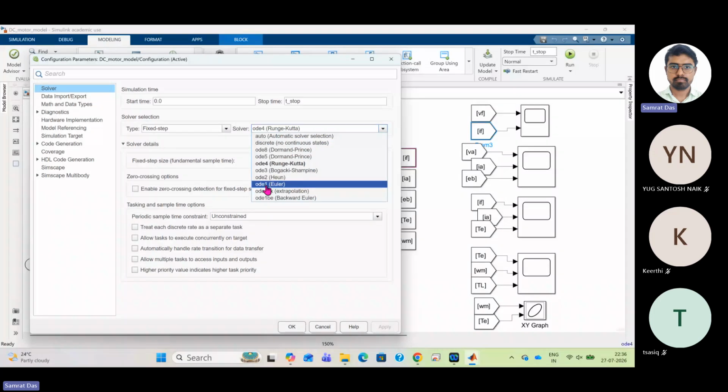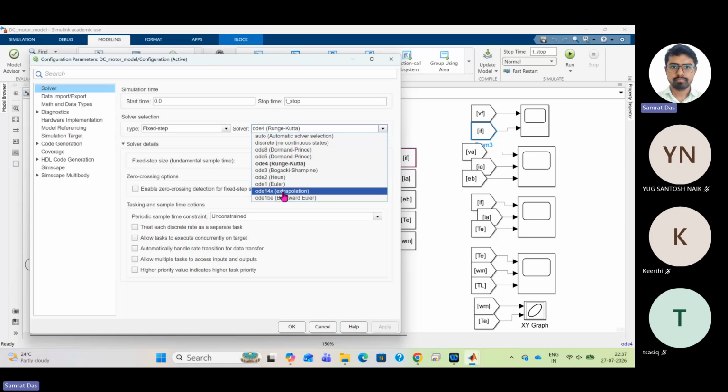ODE1 Euler is nothing but the forward Euler that I discussed today. ODE1BE, this is the backward Euler, right? We will see the impact of these two. These are first order integration methods. This is another extrapolation.